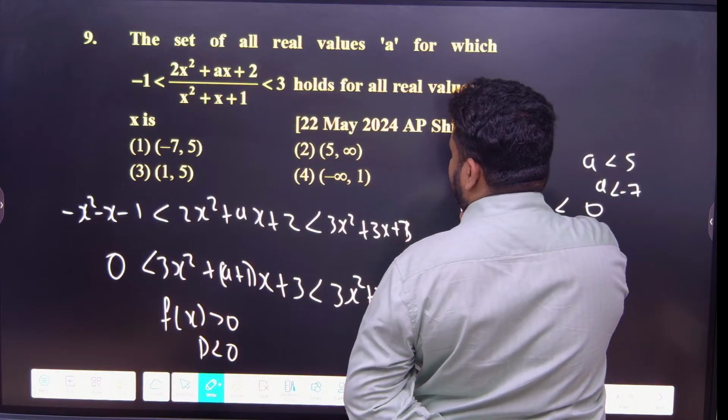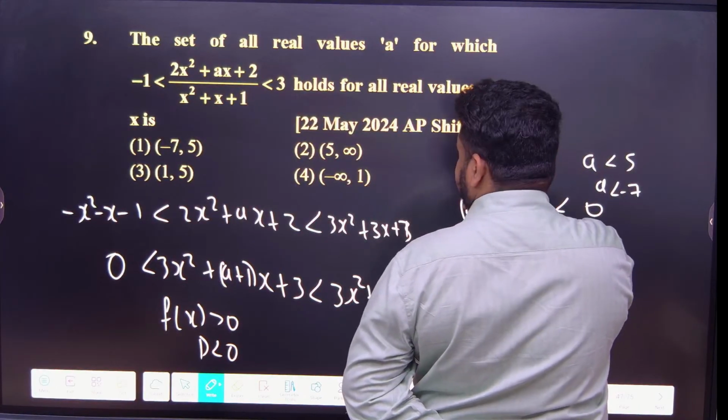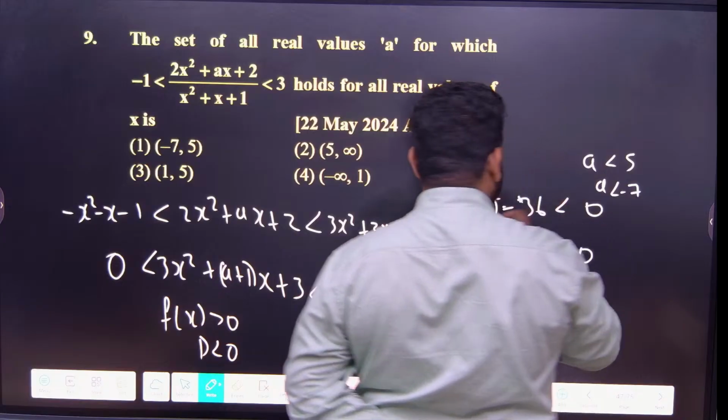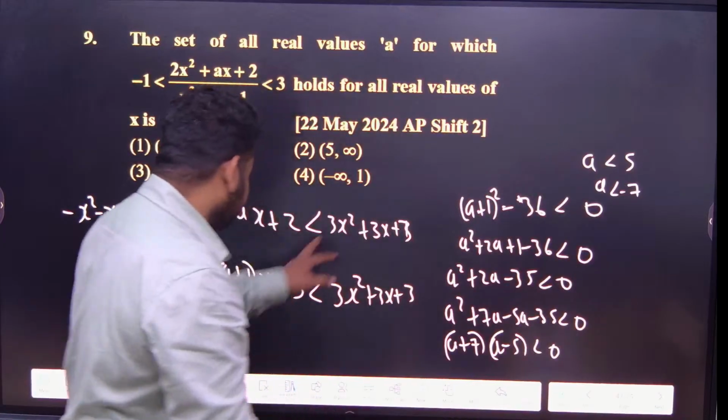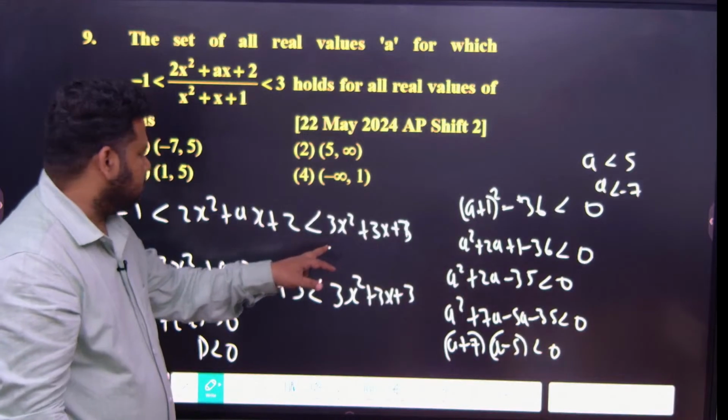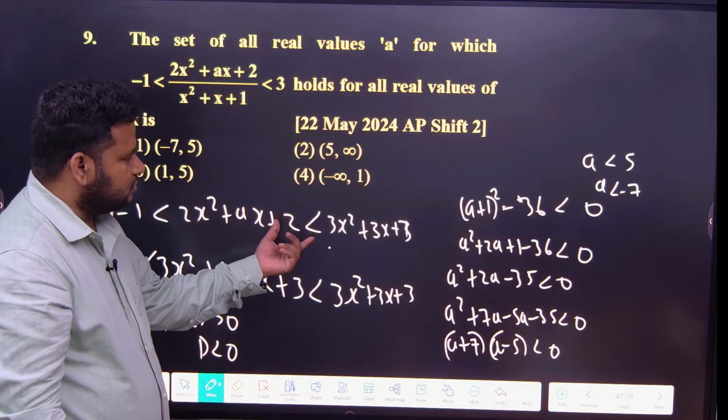So we will have minus 7 comma 5, no, not like that, do not directly jump to conclusion, we have to do the other side also. How to do this?